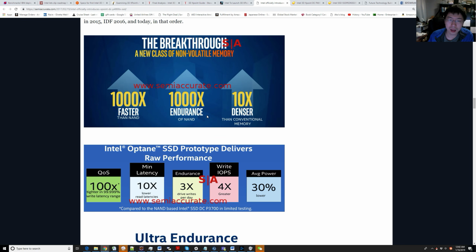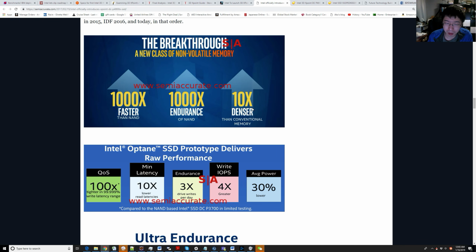It says 1,000 times endurance, so that means it should be able to be written 1,000,000 times, 10 to the 6. And then it says 10 times denser than conventional memory, so this is comparing it against DRAM.